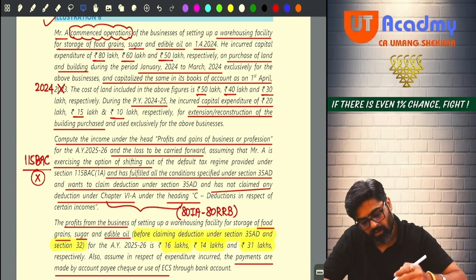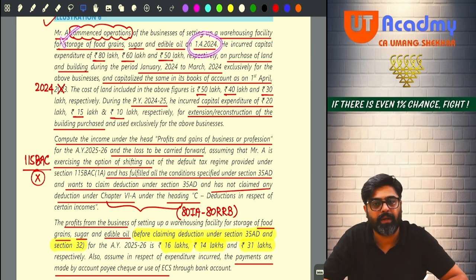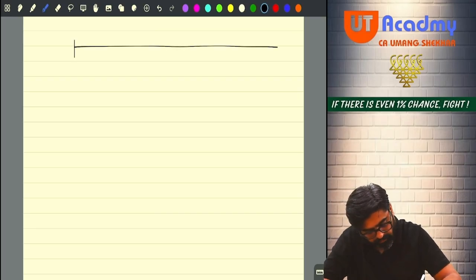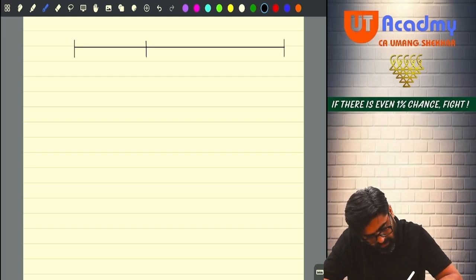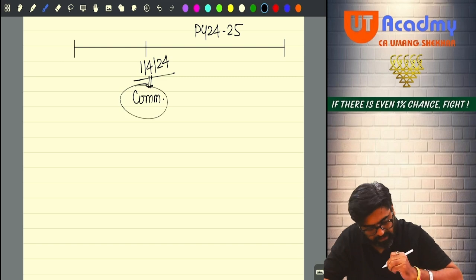Getting my point? Now, the operations are commenced on 1st April 2024. So if this is my previous year 24-25, this is 1st April 2024, on this date operations are commenced.